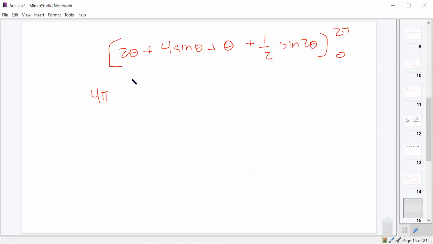And then the sine of 2 pi is 0, so that's 4 pi plus 0 plus theta, so that's plus 2 pi. And then plus 1/2 sine 2 theta, so that's 1/2 of the sine of 4 pi, which is still 0. And then minus 0 plus 0 plus 0 plus 0. So it looks like we end up with 6 pi units squared.